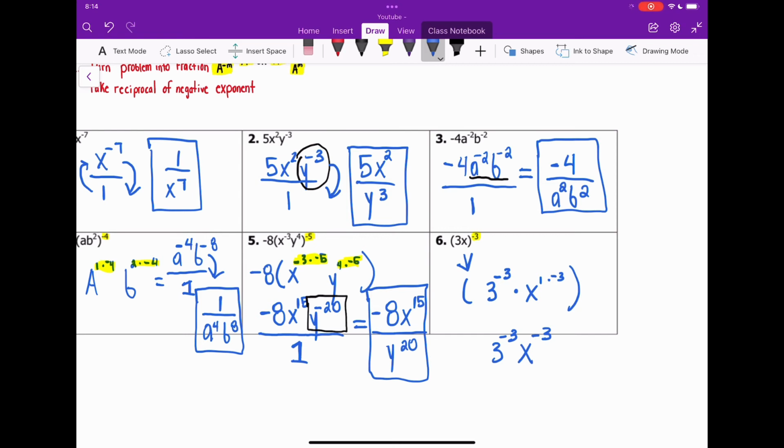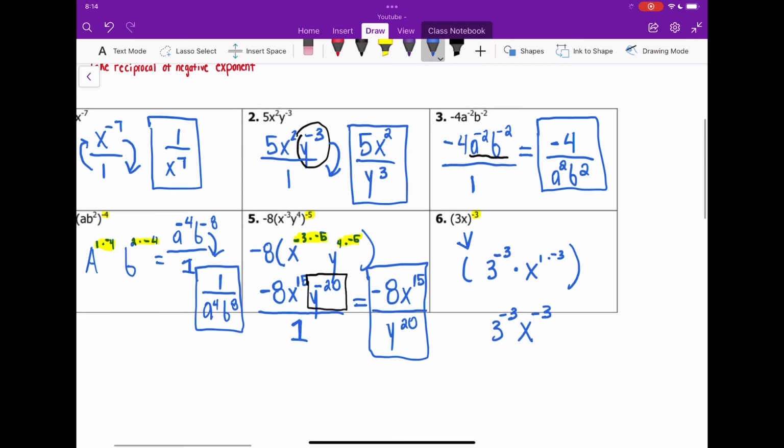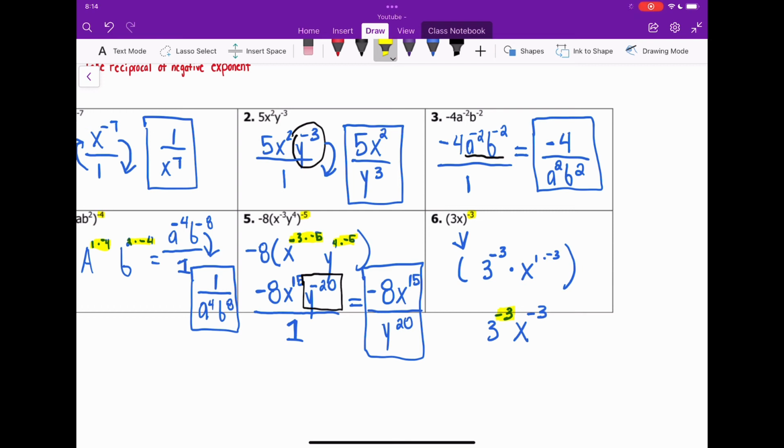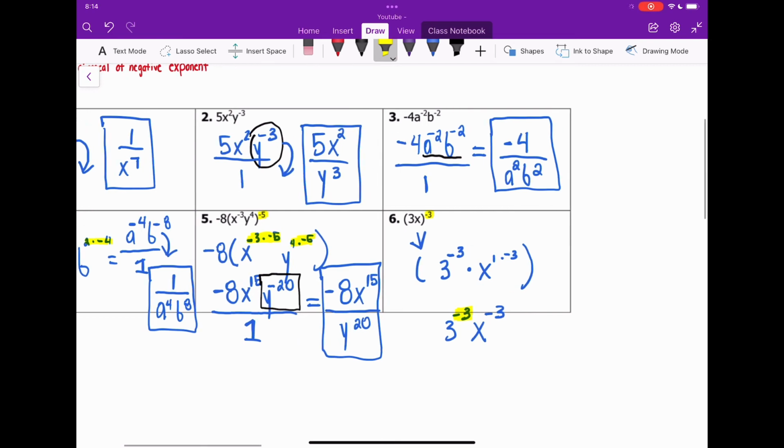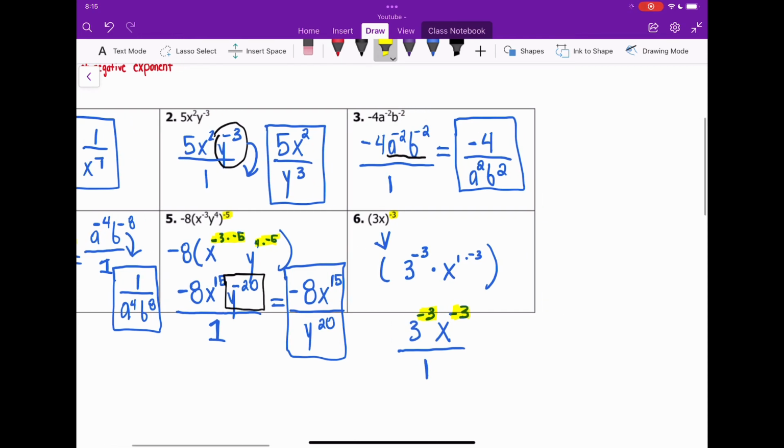Now, before I start simplifying this, what I'm going to do is take the reciprocal of 3 to the -3rd power. I want to turn this into a fraction, and the reason I'm doing that is just to break this down a little bit. So first, let's put this all over 1. And let's make sure that we understand that the same thing is going to happen at x to the -3. So we take the reciprocal. 3 to the -3rd, x to the -3rd are going to come to the bottom of the fraction. 1 will go to the top because we have to have something there.